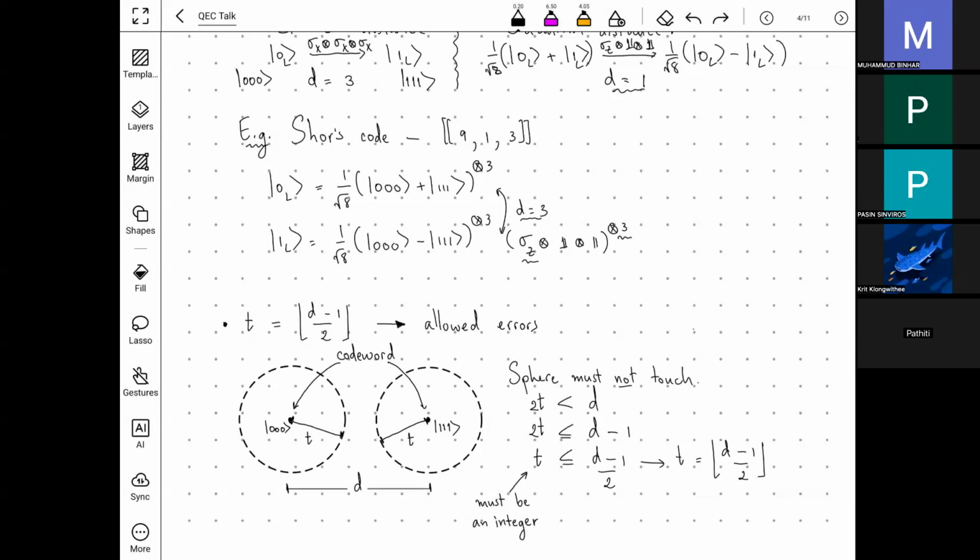Because if you look up, in your example of quantum distance, you have one phase flipped in your physical qubit, and that flips your qubit.